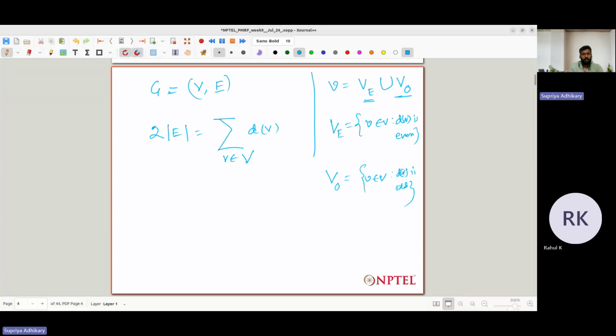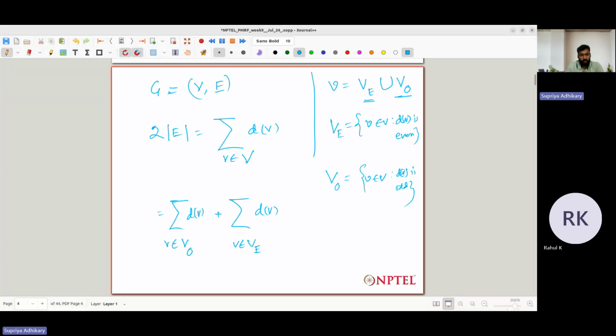So we can write it like this. This is equal to the summation of the degree of V over all the vertices in VO, plus the summation of the degree of V over all the vertices in VE.